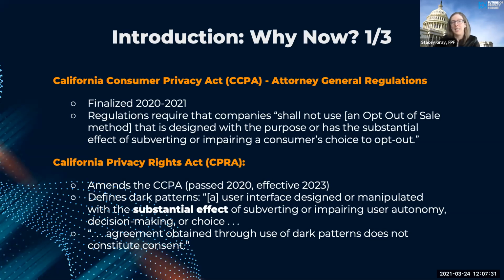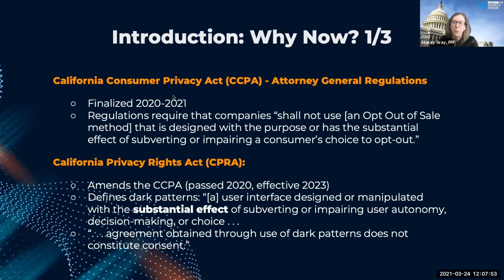We're going to return to this at the end of the hour to maybe go a little deeper into some of the legislation. But for just now, I'll note for those who haven't been following, two major events of the past few years have been the passage of the California Consumer Privacy Act and the passage of the California Privacy Rights Act in 2020, the CCPA and the CPRA, which amends it.